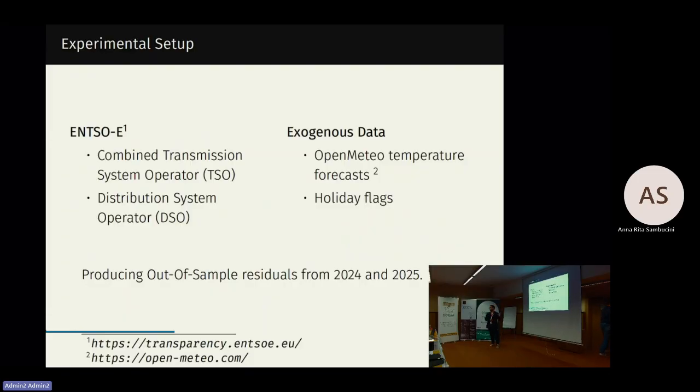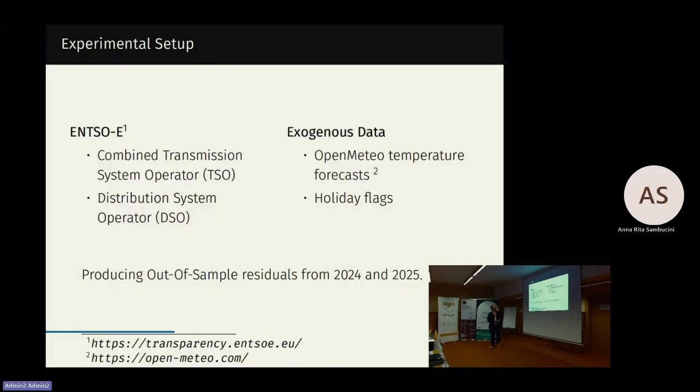So it's a good way to get some data. It essentially combines the transmission system operator, the TSO, and the distribution system operator, the DSO, which is one level below, right? You can think of it in scales: TSO is more on a national level, and DSO is more on a municipality level, right?